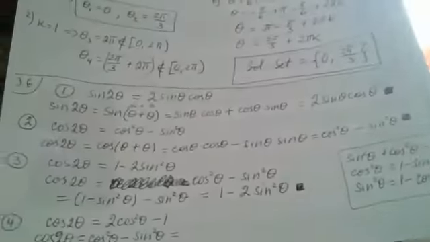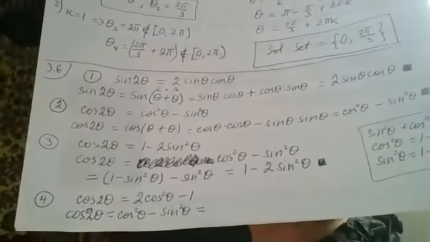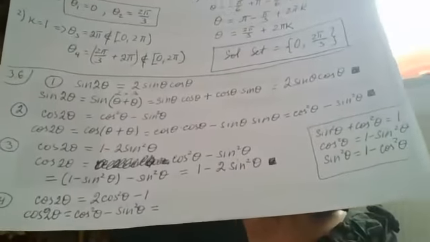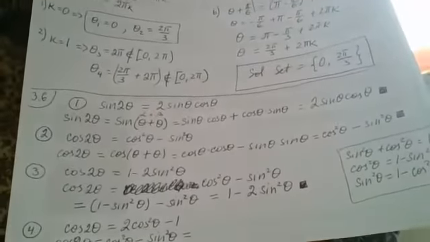Yes. Excellent. So in formula number 2, which is the main formula we proved today, cosine of 2 theta equals cosine squared theta minus sine squared theta, instead of that sine squared, I will write 1 minus cosine squared theta. Can I?